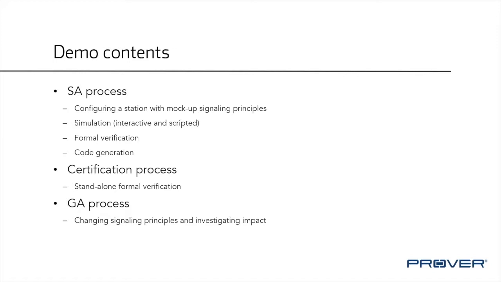The content of this demo will focus on the specific application process: configuring a station with mock-up signaling principles, doing some simulation, both interactive and scripted, doing formal verification, and doing code generation. Then I will show the certification process where you use a standalone formal verification tool to prove that your system is safe. In the end, I will touch upon how you make changes in the generic application.